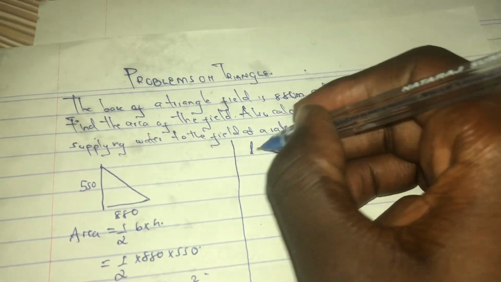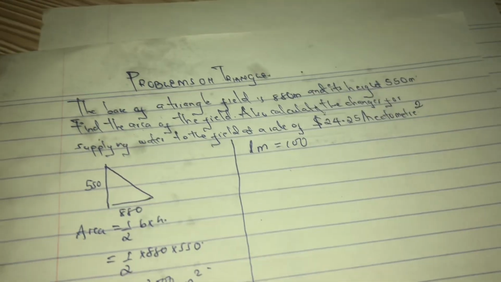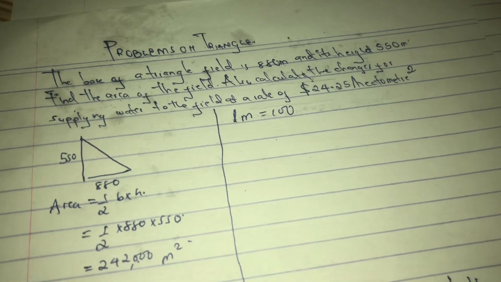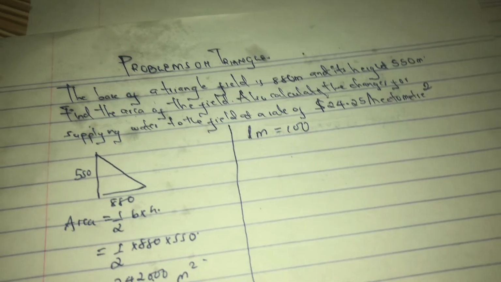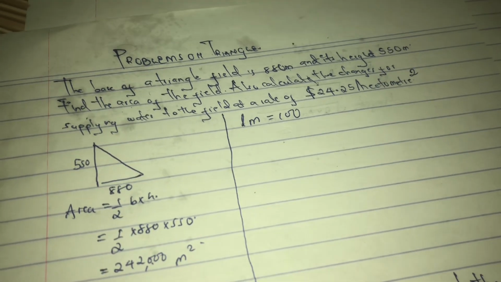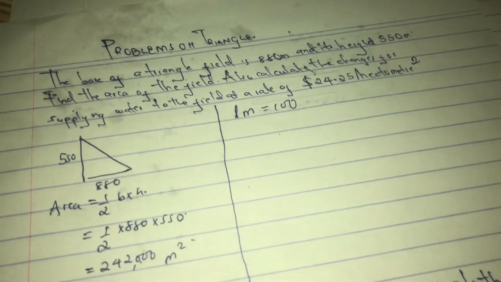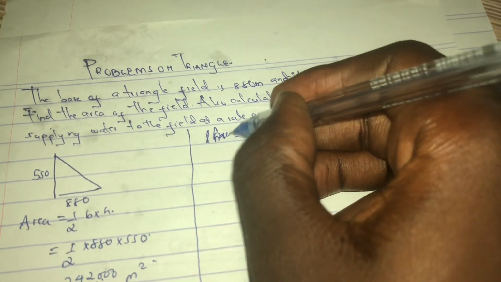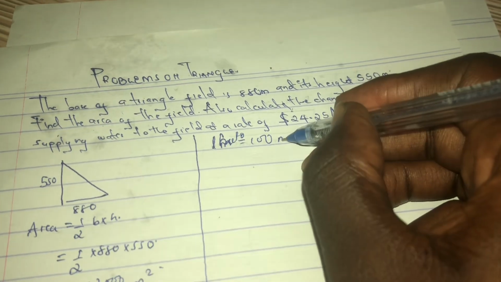So we can actually say 1 hectometer equals 100 meters.